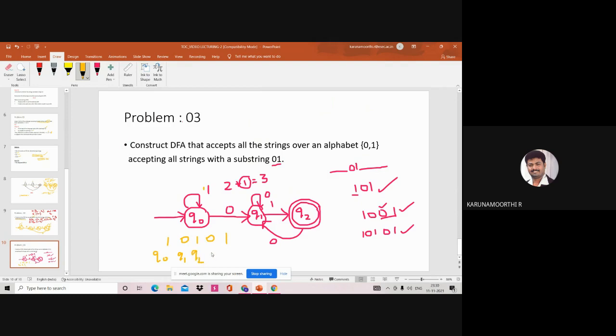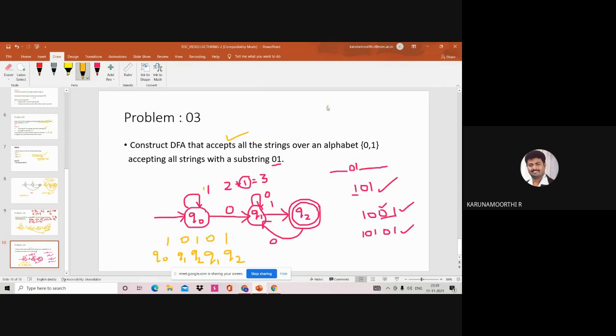From Q2 it reaches Q1. From Q1 it reaches Q2, right? So this string is also a valid one. So this 10101 is also accepted for my automata, right? So now you can generate strings that are accepted by this automata for this particular problem, right?